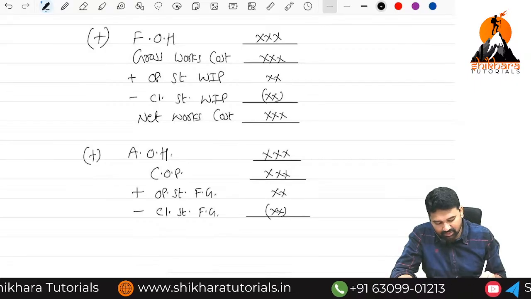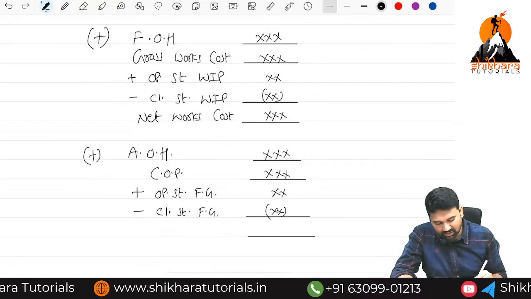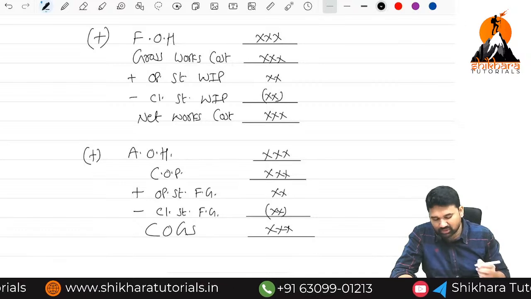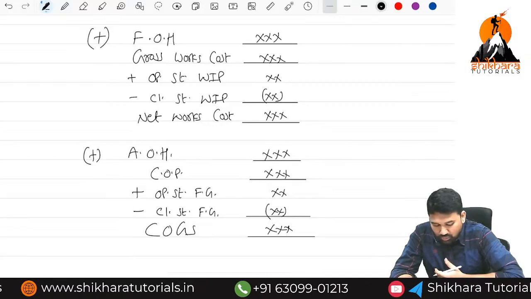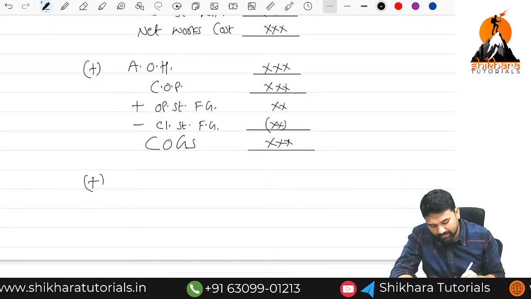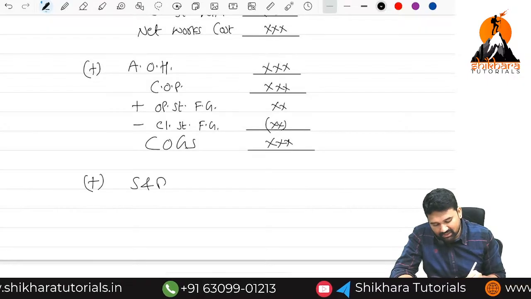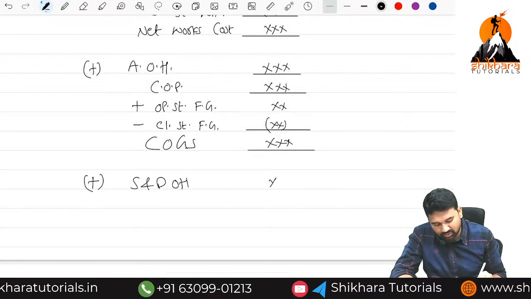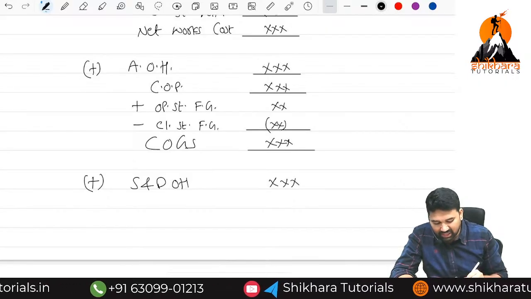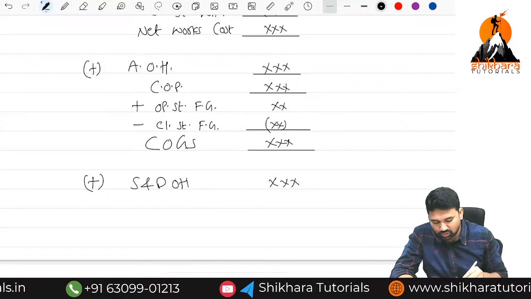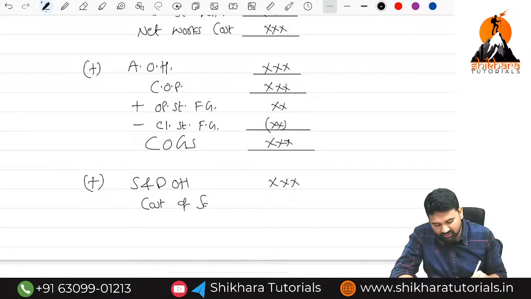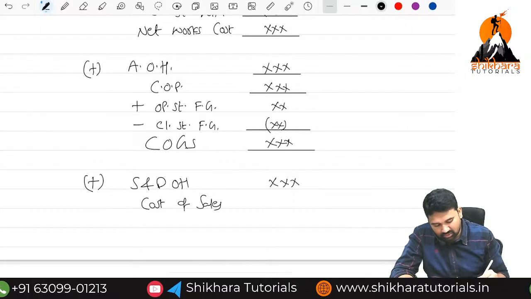And the result will be called COGS, cost of goods sold. And last but not least, what we need to do? We need to add selling and distribution overheads. And after addition of selling and distribution overheads to cost of goods sold, the result will be called cost of sales.